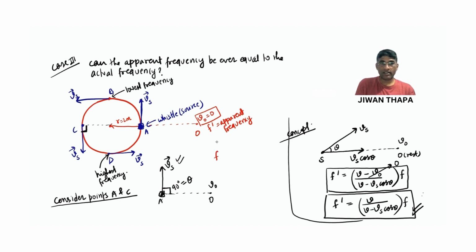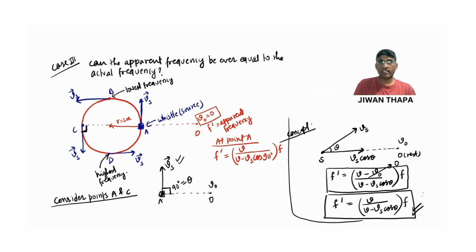For point A, f dash equals V divided by (V minus Vs cos theta), where theta is 90 degree, and we have f.